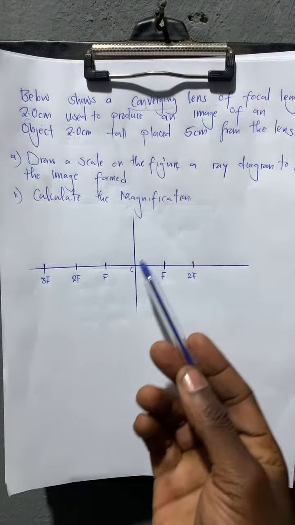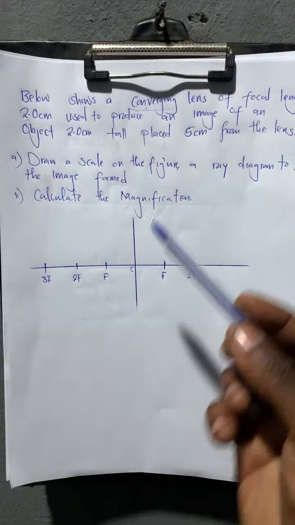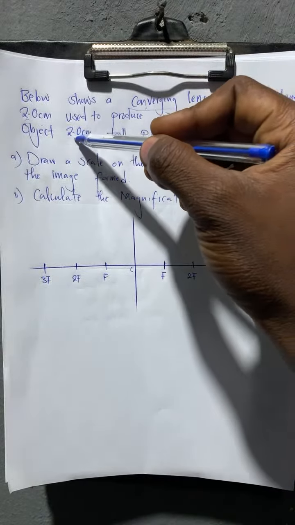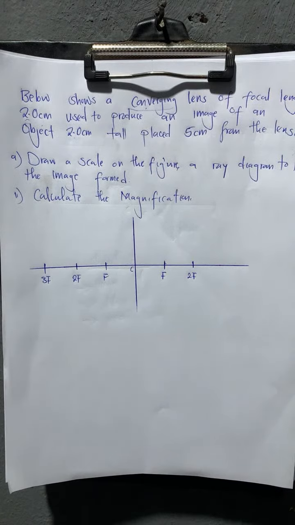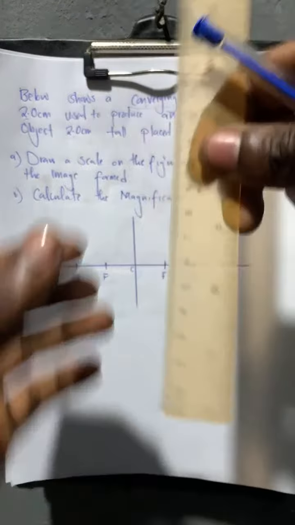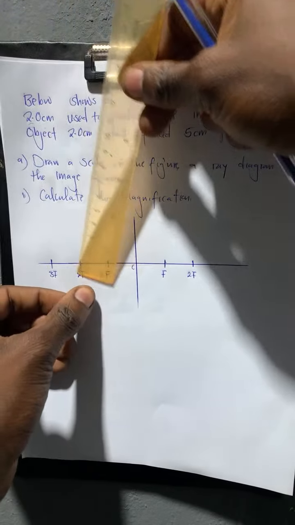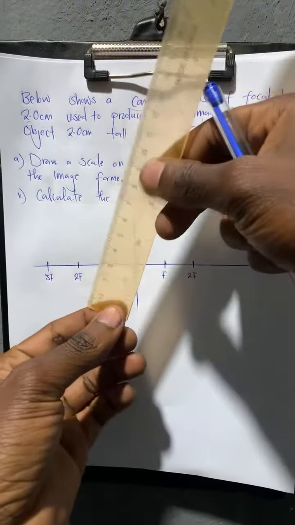The object is always on the other side. So they're saying how high is the object? Start at 0. 0 is here. 0 is at this point. So you say it must be 2 centimeters high.